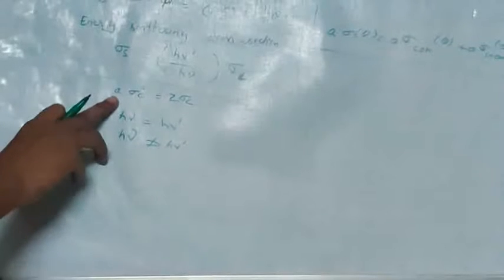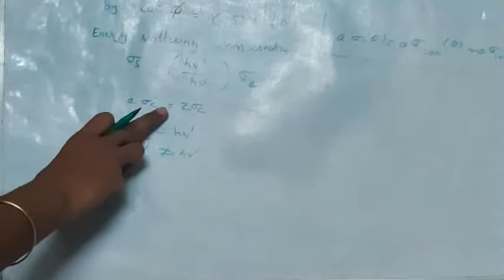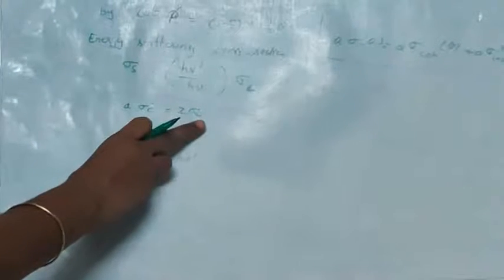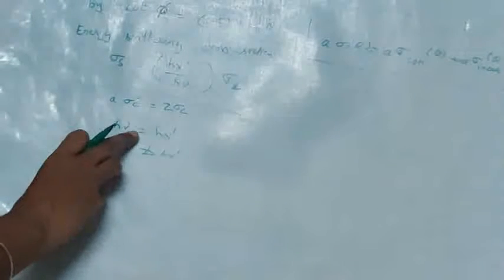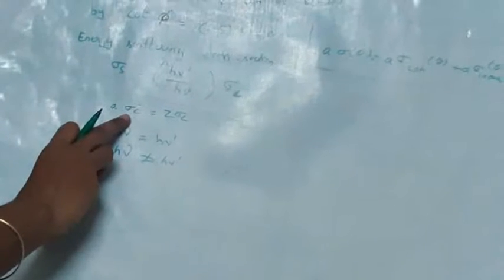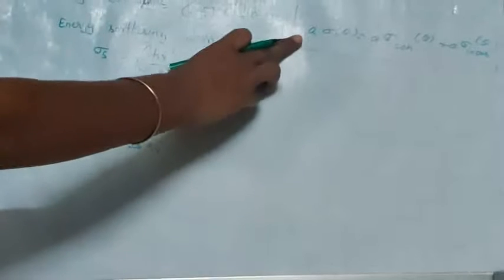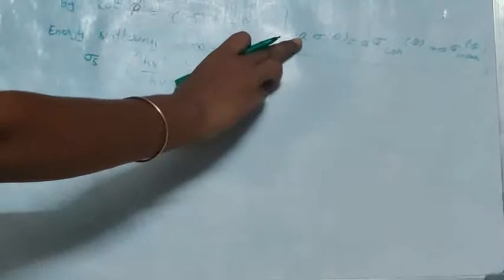Atomic Compton scattering becomes coherent when h nu equals h nu dash, and incoherent when h nu does not equal h nu dash.